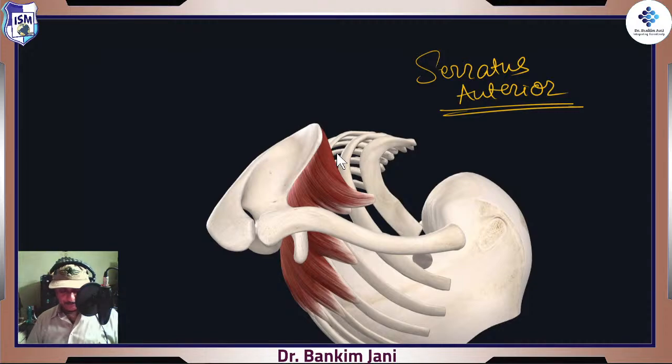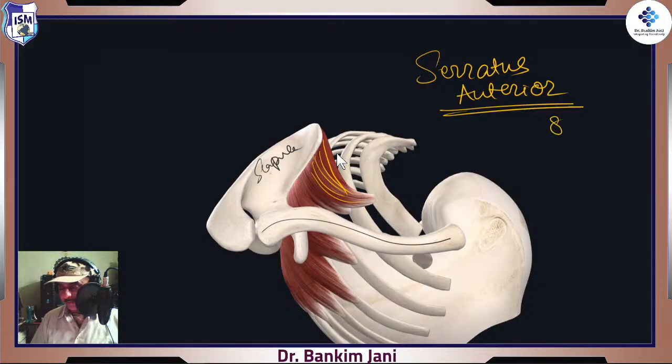See, that's the clavicle as we are watching from the top. That's the scapula, right? And here some of the fibers are emerging, right? Serratus anterior has got 8 slips.